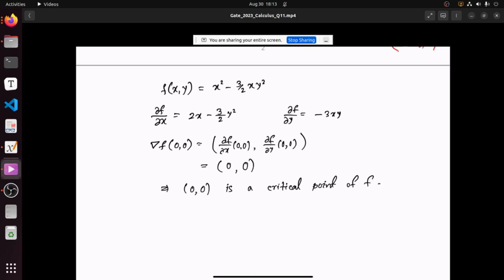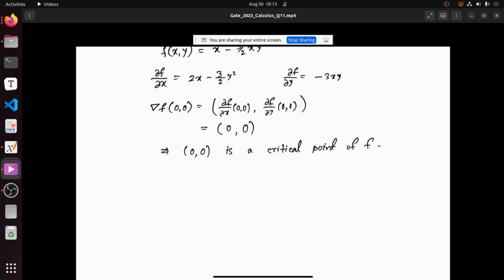Now we have to find the Hessian matrix to say whether this critical point is non-degenerate or degenerate. So for that we need the second partial derivatives. Del 2f del x2 will be 2, right? What will be del 2f by del y2? It will be minus 3x.